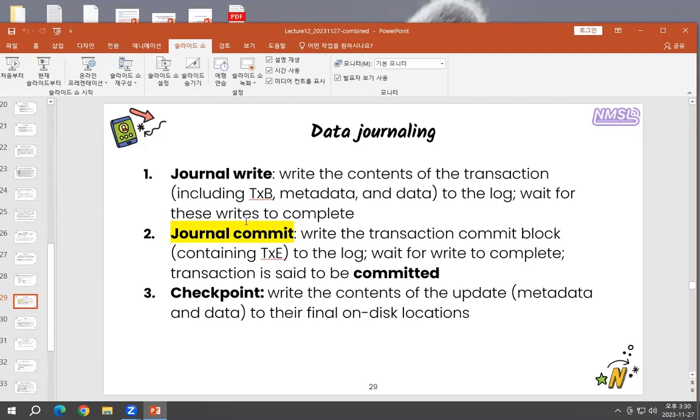So it could be in between 1 and 2, or it could be while in 2. Now, it means you just have to skip it because there's nothing we can do about this. All right?